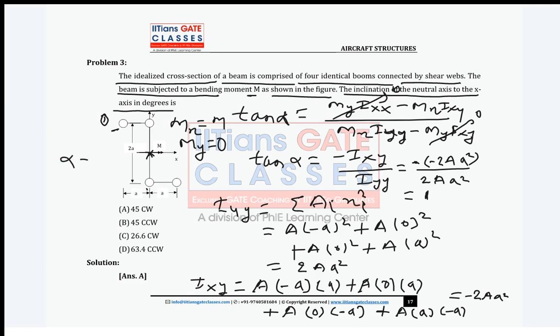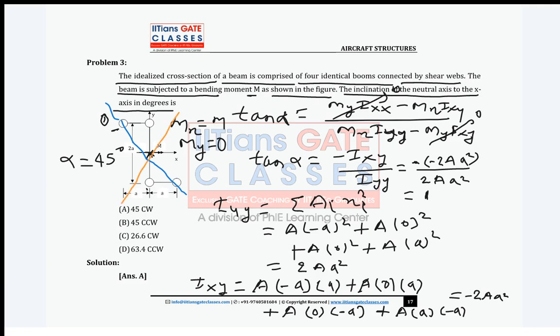Now guys, you got positive. That means what? It is clockwise or anti-clockwise? Exactly. Clockwise from the x-axis. So what is the neutral axis now? If you draw physically, what will be your neutral axis? This blue line or this orange line? Which is correct?